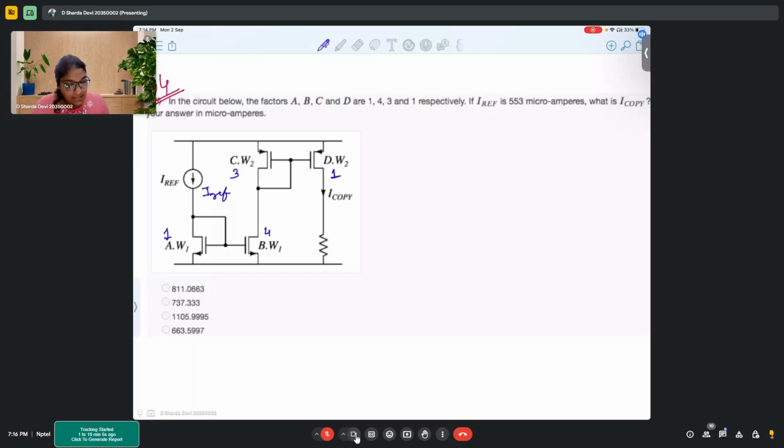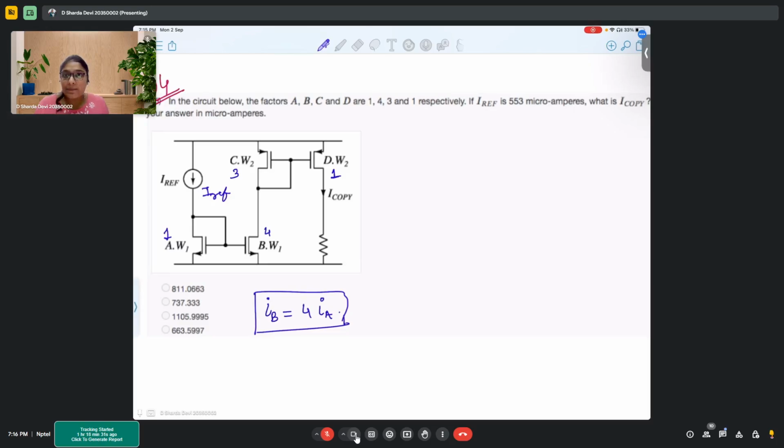Now, when you see the transistors A and B, they have same gate voltage and same source voltage. That means VGS is same. VDS is same for all the transistors. So by using that convention, if you see your IB is 4 times of IA, right? Because the width has been increased by 4 times.